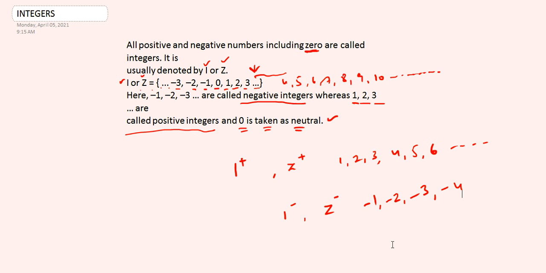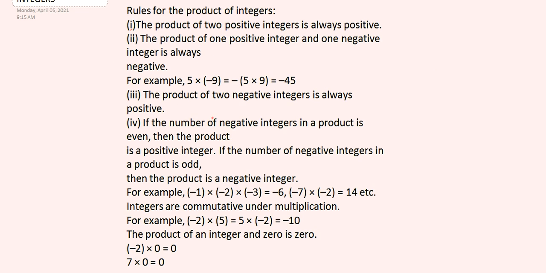Then our next topic is 1.2, multiplication of integers. So here are some rules for the product or multiplication of integers. The product, simply the product is multiplication. The multiplication of two positive integers is always positive. Positive integers you know very well, 1 2 3 4 5 6 7 8 9 10 and so on.